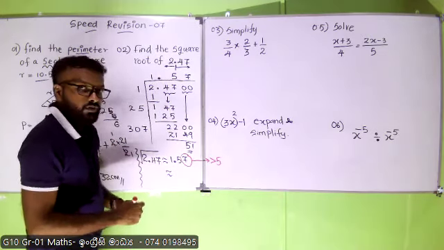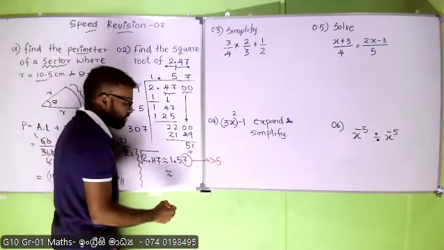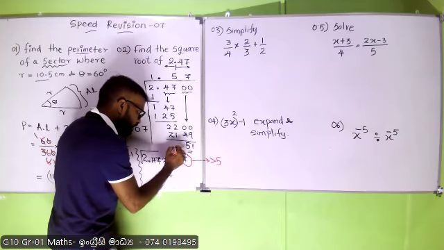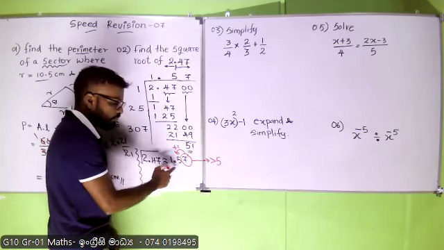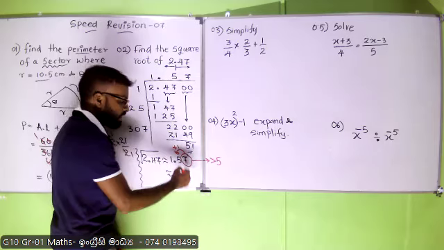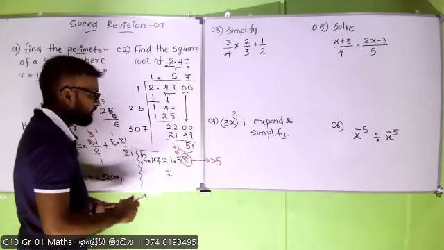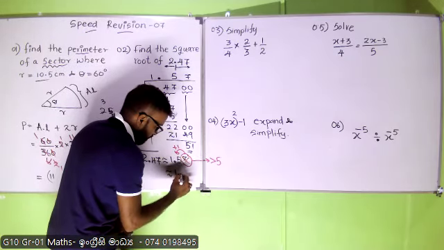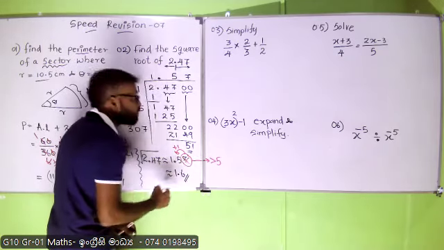If it is greater than 5, as I explained a few weeks ago, you have to add 1 to the previous decimal place, the first decimal place, and eliminate this. Very easily, this becomes 1.6. So this should be your answer.